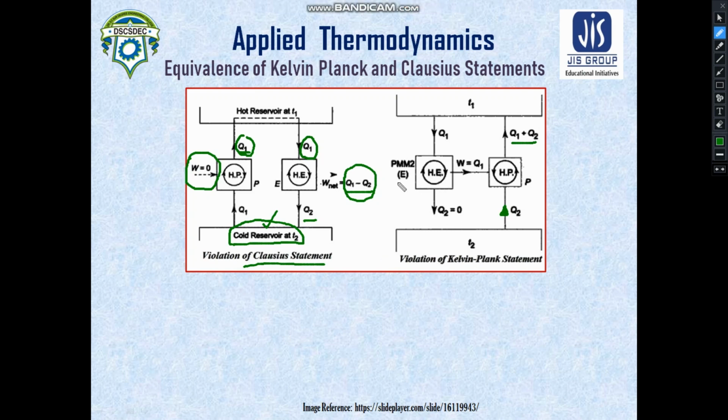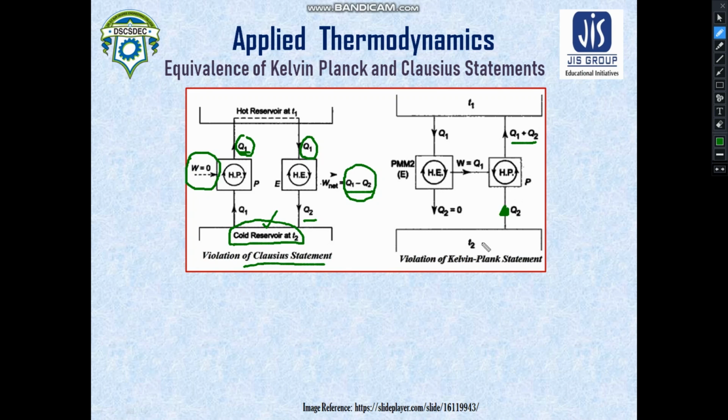Here this heat engine E and this heat pump P, they are together. They together constitute a heat pump cycle, and what they are doing is transferring this low temperature heat to the high temperature reservoir without producing any external work output.